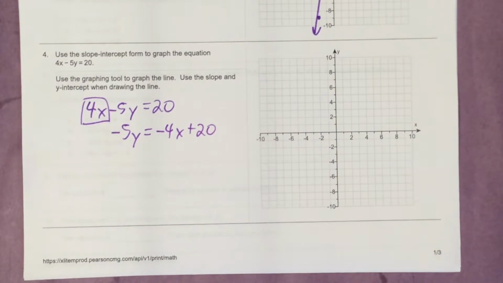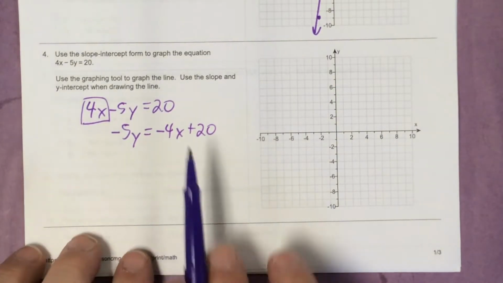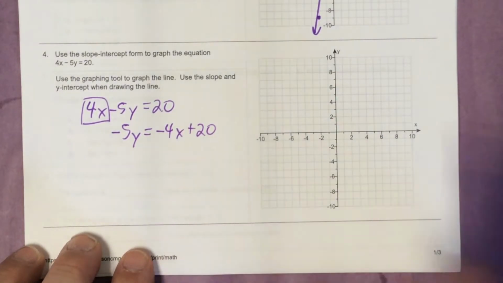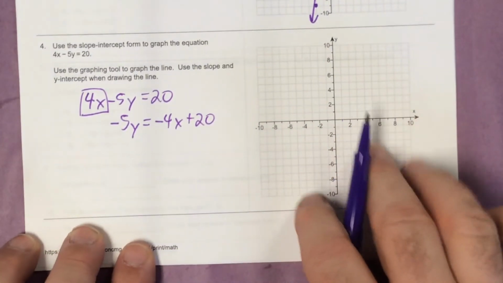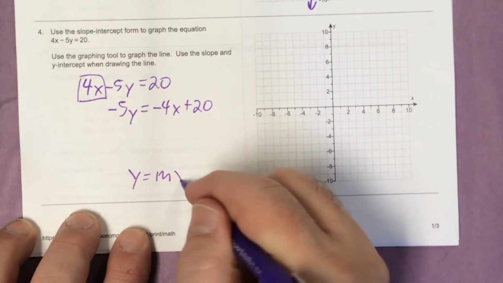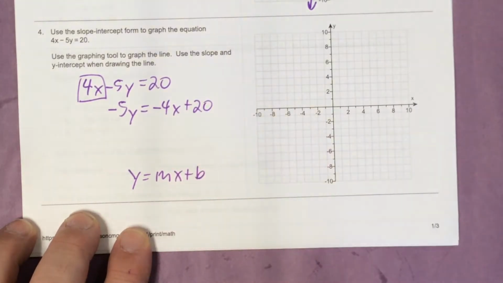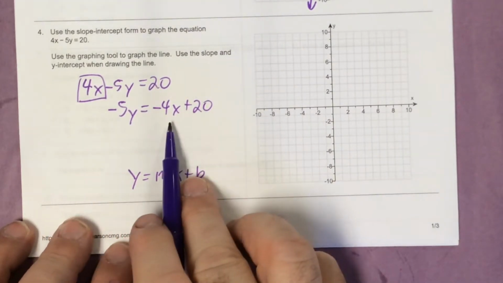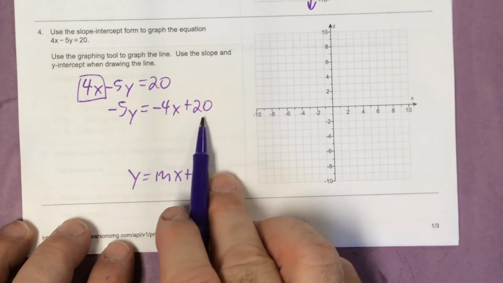Pay special attention to the fact that I did not write this as 20 minus 4x. Remember, what am I going toward? I'm attempting to write this in the form of y equals the slope times x plus the y-intercept. So I want to put the term that has the x as the first term, and then the number that's by itself as the second term.